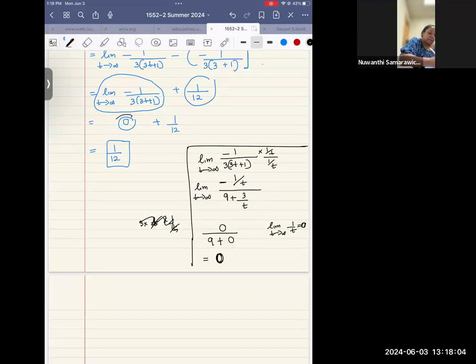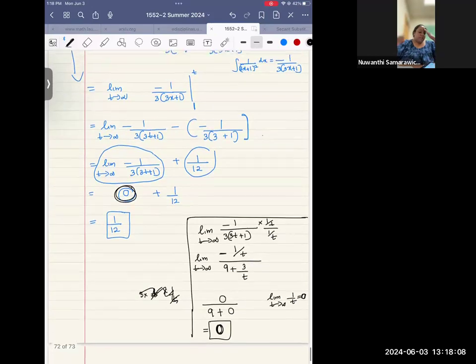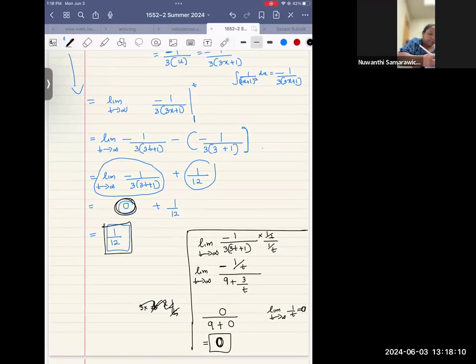That's how I get 0 here. Okay, so you get 1 over 12. Is it convergent or divergent? Convergent. Because we get a finite number, we say this is convergent.